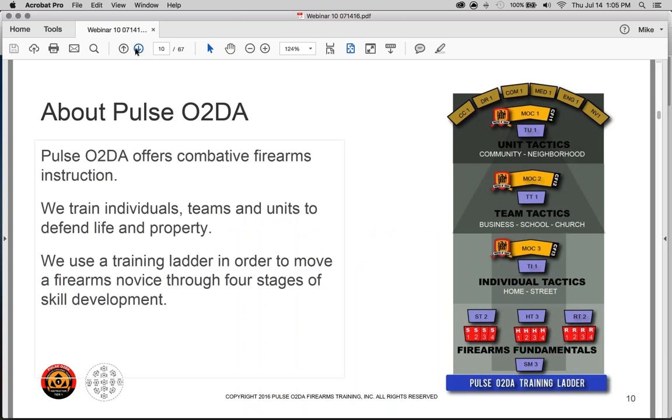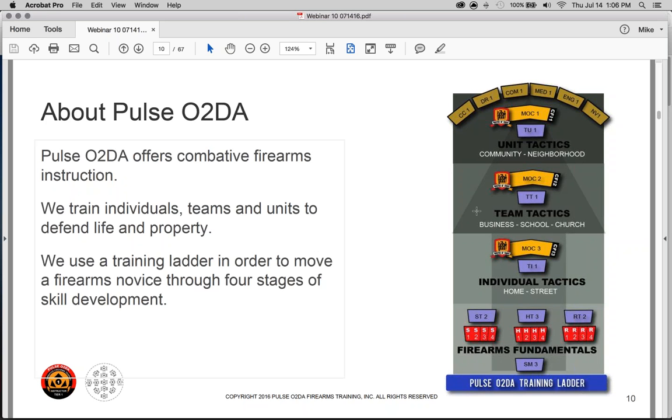Before I do that, I just want to very briefly tell you about Pulse, and what we do, because it directly influences the content you're about to hear. We provide combative firearms instruction. We train individuals, teams, and units to defend life and property. We use a training ladder to move a firearms novice through 4 stages of skill development. That begins with firearm fundamentals on handgun, shotgun, and rifle, and proceeds to individual tactics, the ability to maneuver with a loaded weapon in defense of home and also on the street.